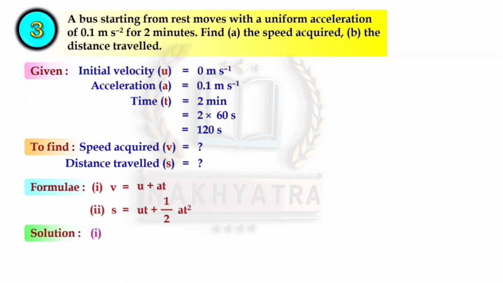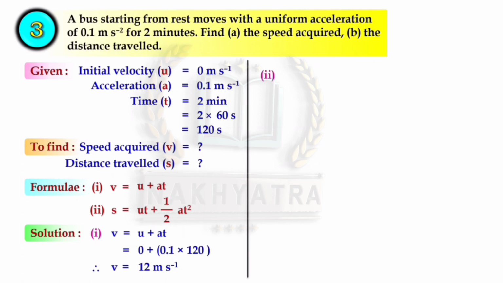So we will find out the speed first, v equal to u plus at. Now put the values accordingly. So after calculating it, v equal to 12 meter per second. And then we will find out the distance traveled, that is s equal to ut plus half at square. Now put the values. So we will get s equal to, okay, do this calculation by yourself.